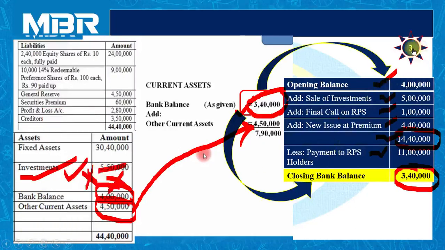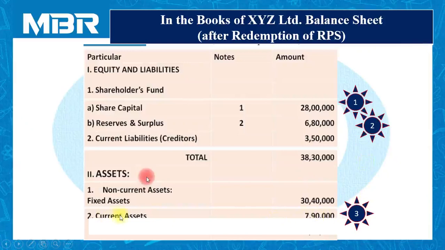Now we have to insert these 7 lakhs 90,000 on the asset part of the vertical balance sheet. Again, if you don't want to present everything in a combined form, you can insert other current assets separately and the bank account separately. It does not make any difference in the total of your balance sheet.